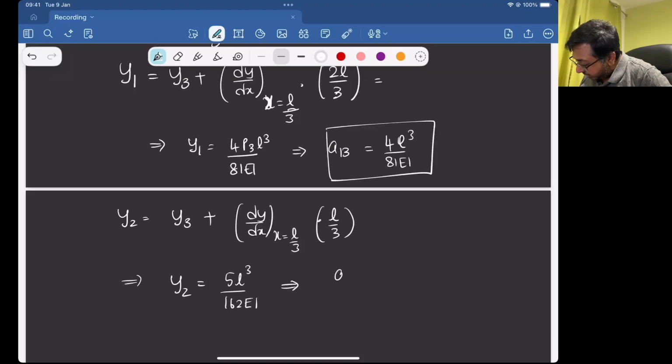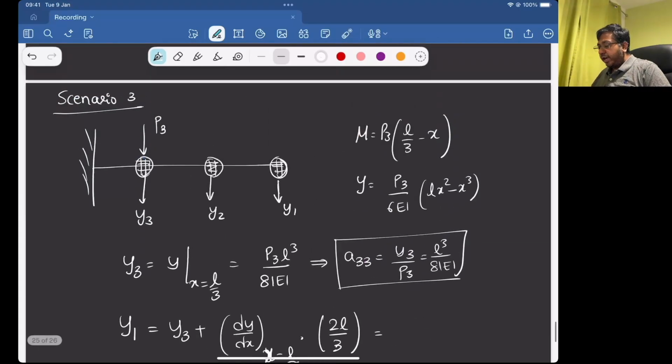Or I can say my flexibility coefficient A23 is 5L cube over 162 EI, because it's nothing but Y2 over P3.